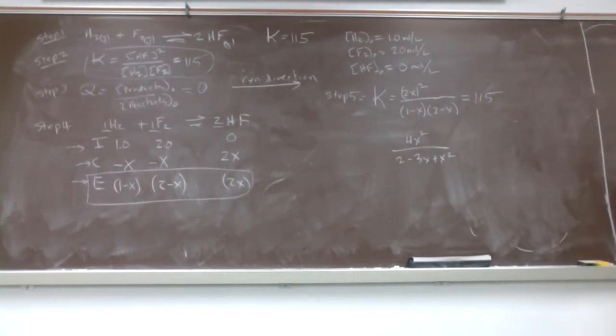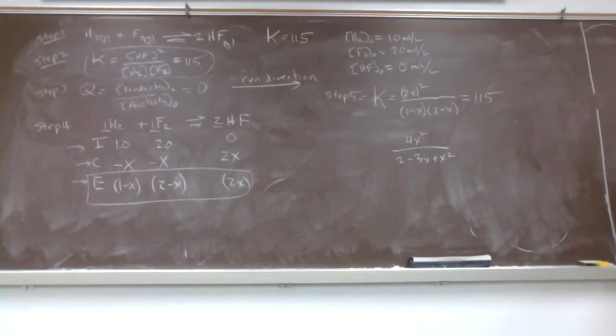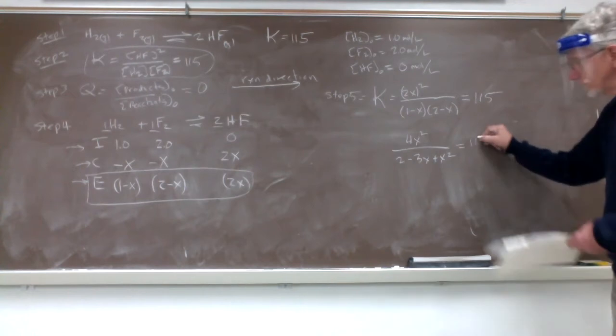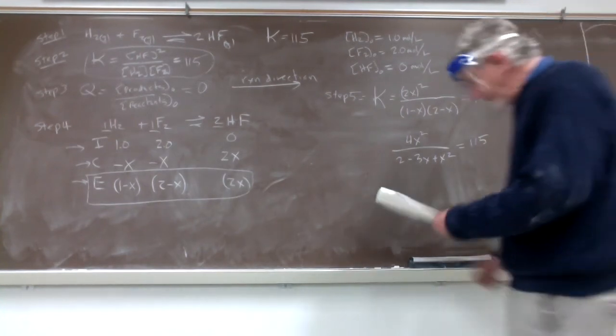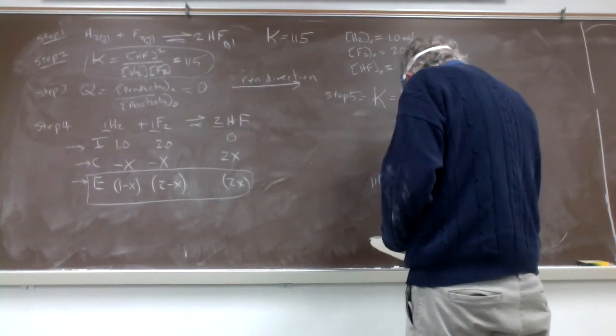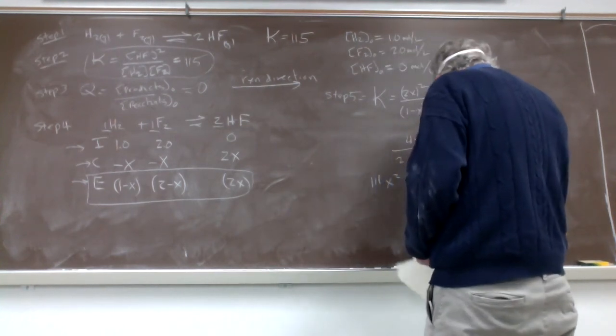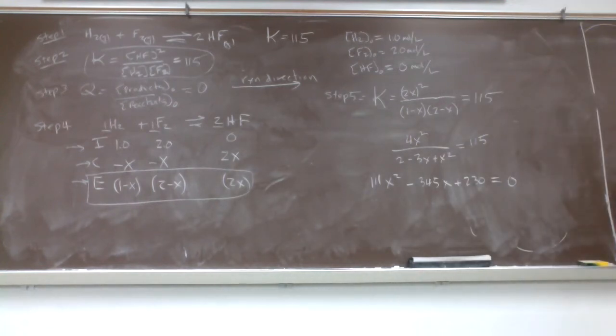Right, not factoring it, just multiplying out that denominator. Now we have to solve for x, and you get this. This is that equation expressed in terms of x.